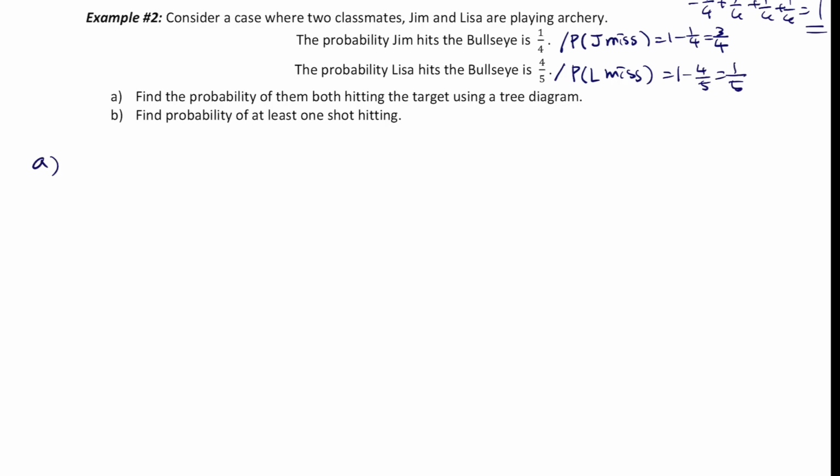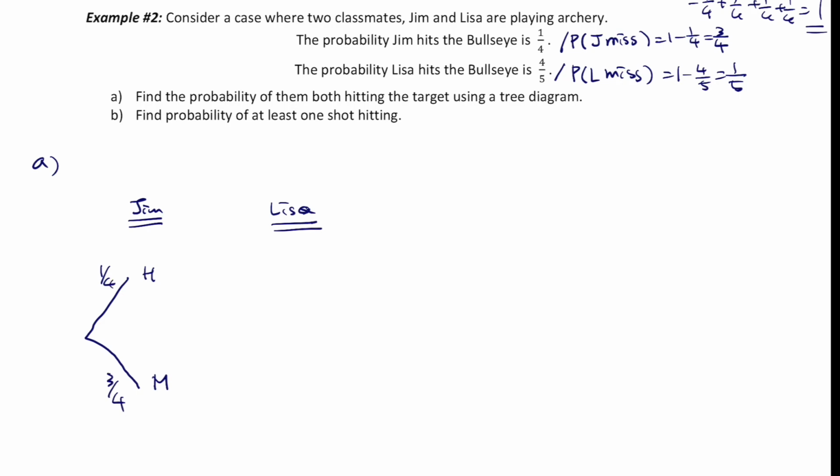For question A, we need to find the probability of them both hitting the target using a tree diagram. What we need to do is create a tree diagram before finding the probability of them both hitting. Let's say Jim is shooting first and Lisa is shooting next. Since they're happening simultaneously, Jim hits the target or misses the target with a 1/4 chance and a 3/4 chance.